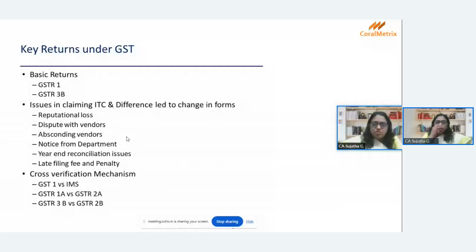We all know that GSTR1 is to match with GSTR3B, so it's going to be simplified. I'm handling this session at a point of time when GSTR3B is going to get auto-populated from GSTR1, and GSTR3B's input tax credit is directly going to flow from GSTR2B.